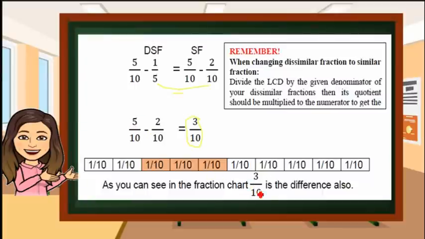So 3/10. So do you now get it, class? Or can you visualize it properly? Okay, so I hope the fraction chart helps you a lot, and the steps in visualizing how to add and subtract similar and dissimilar fractions help you to understand our lesson for this week.